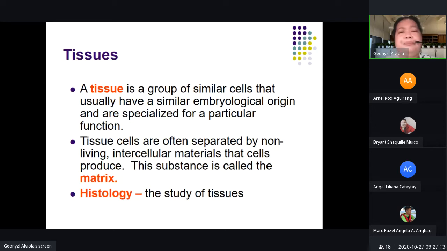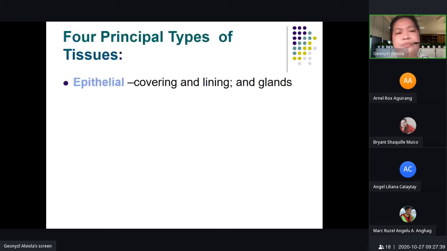So people who are specializing in this discipline are called histologists. And the discipline that studies more on tissues is histology. And you have histology in your fourth year level. Fourth year or third year, I don't know kung ano yung new revision ng mga subjects.